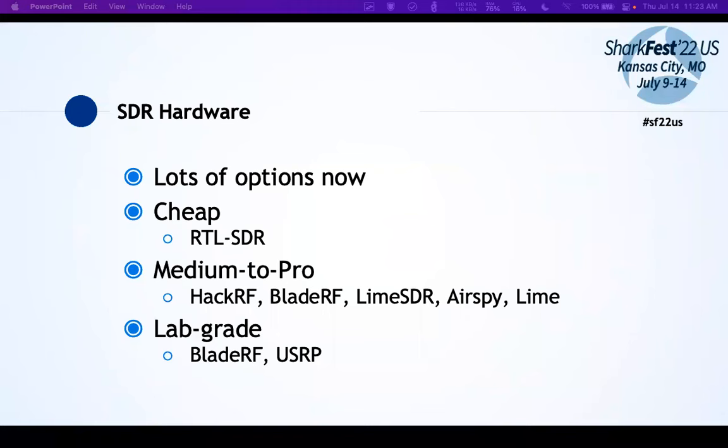And they have just insane gear at insane prices. So if you have corporate funding and you're doing corporate RF research, you can look at the USRP. And if you're more on the exploration side of things, you can look at one of the cheaper options.